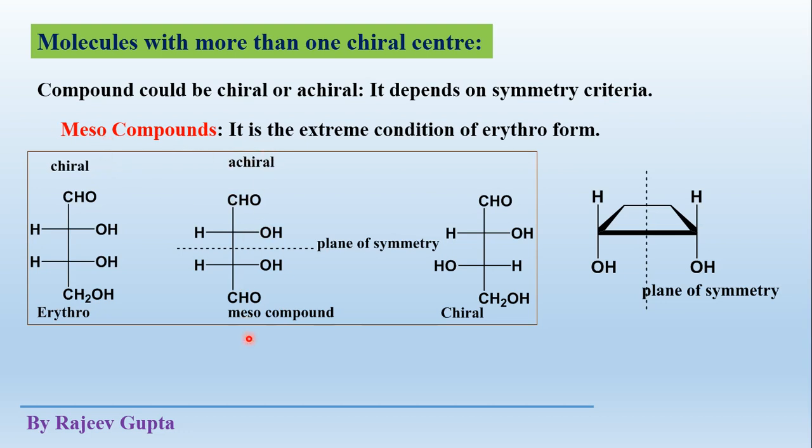So what could be the definition of a meso compound? A compound which contains at least two chiral centers, but has a plane of symmetry, is called a meso compound. More than two chiral centers are also possible for a meso compound.